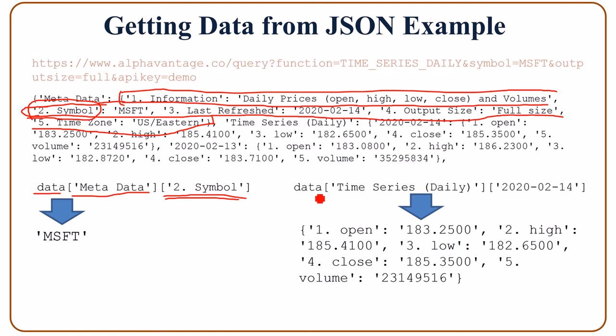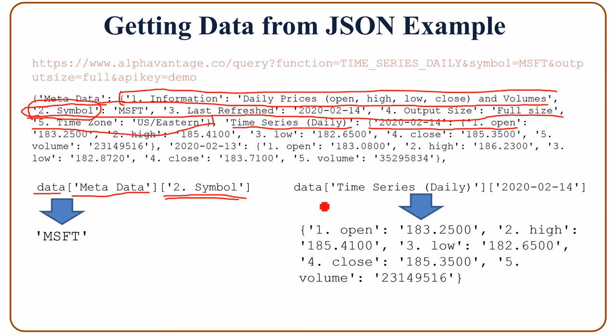If we would like to access another key, which is time series daily, time series daily is the second key in the dictionary, followed by its value. And its value is actually a dictionary also, starting from here, the open curly brace.